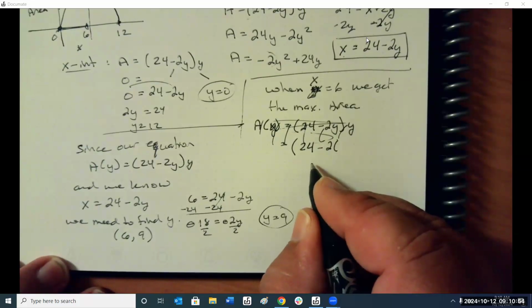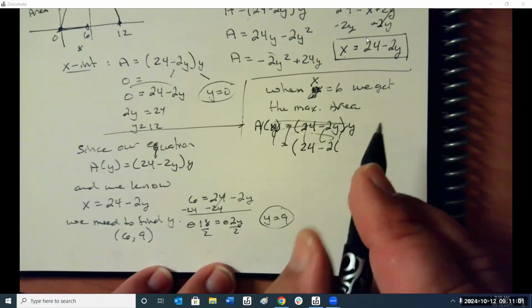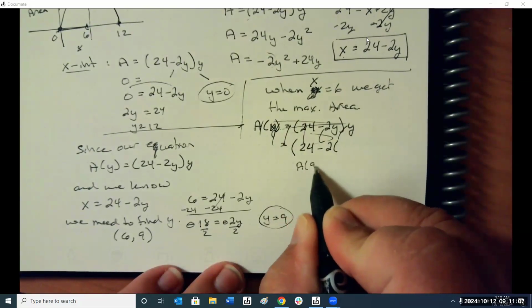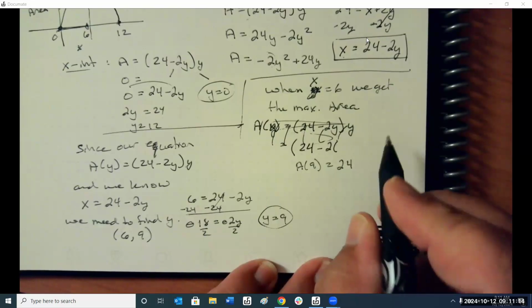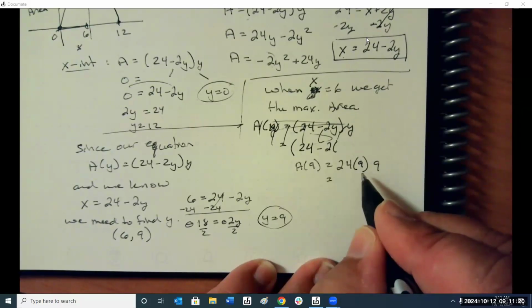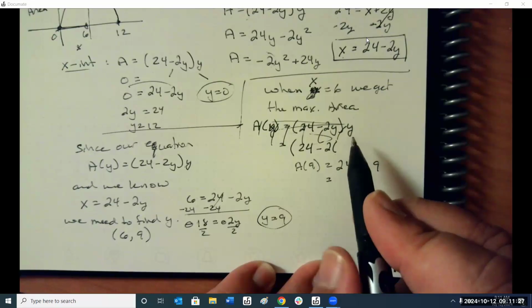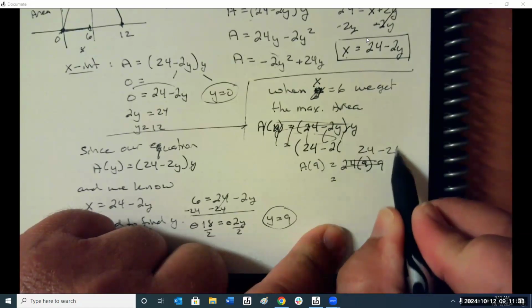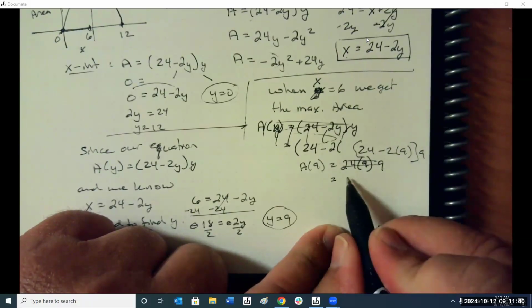So the area is going to be 24 minus 2 times 9, times 9.